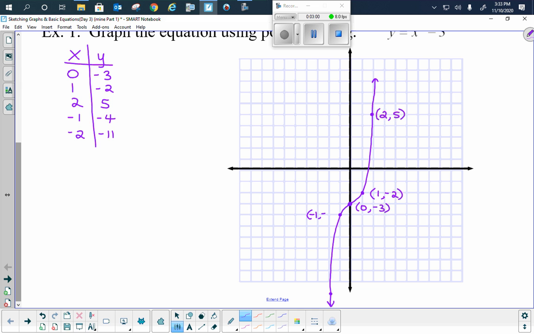I would always graph it first so that you don't write over these points, and then label your points. Let's make a note here to label all required points, and we'll talk about how many are required for each kind of graph. So label all required points on homework and quizzes.